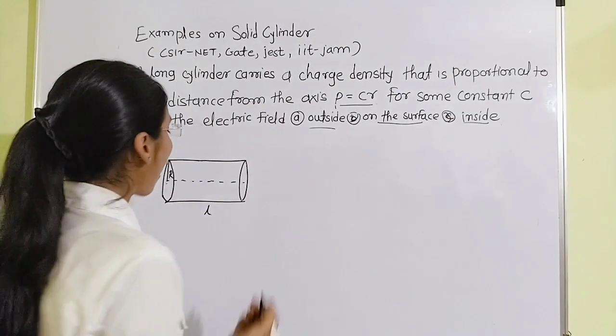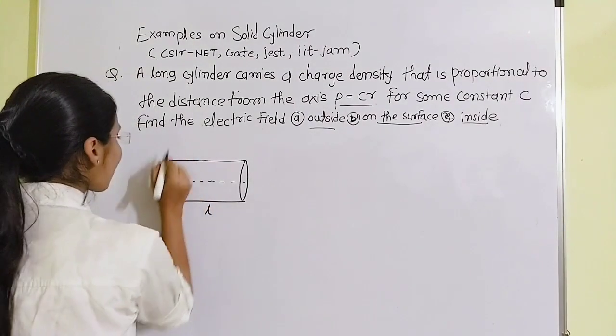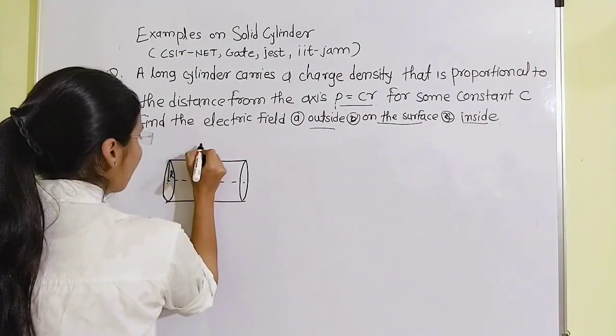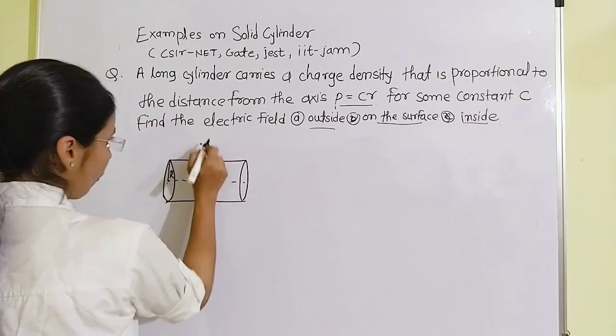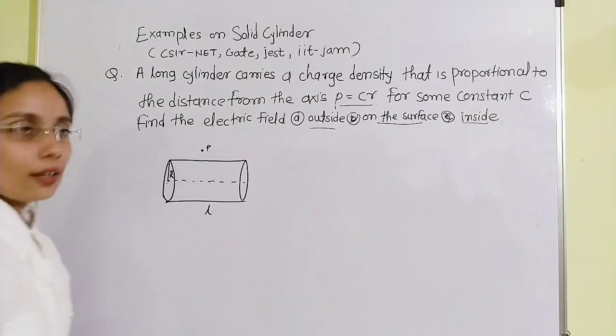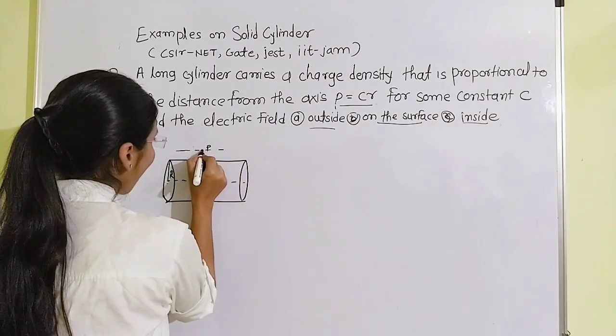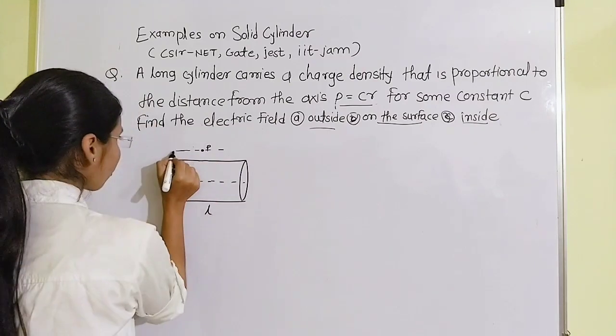For that we have to first draw a Gaussian surface. So we draw the Gaussian surface here. Suppose this point P is here, and we have to draw the Gaussian surface on this point because we have to find the electric field here.